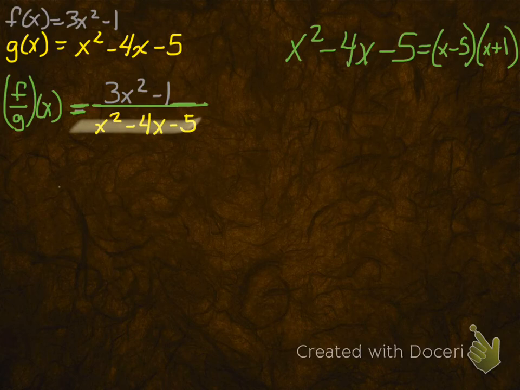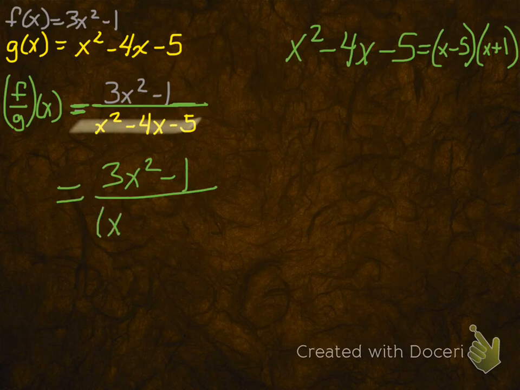So I'm going to rewrite my problem this way. There is nothing that will divide out, but this is really important for me to see, so I can see what x's my domain cannot be.